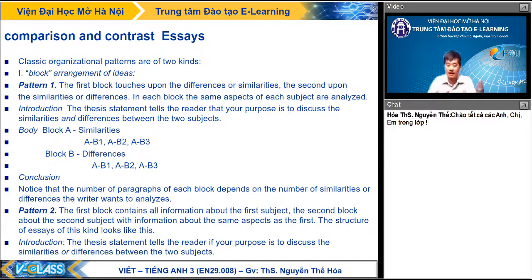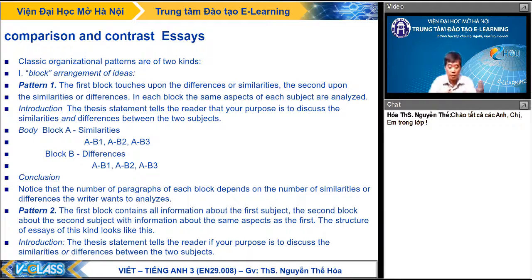And the second block is on the similarities, all of them. I repeat, when we write a comparison and contrast essay, you have to mention all the things in one block, maybe several paragraphs about differences. And you may mention several paragraphs on the similarities. So, they are called block arrangement of ideas or block pattern.